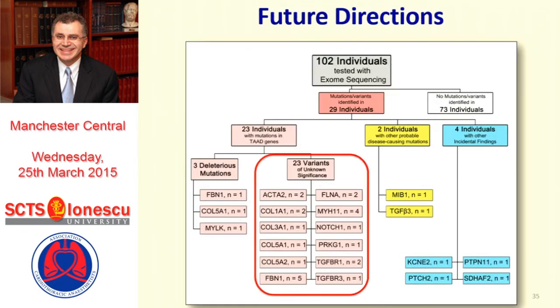In particular, I'd like to show you this group who have variants on an aneurysm-causing gene that haven't been previously identified. So out of just over 100 patients, we identified 21 who had new variants that hadn't been previously identified on genes that are known to cause disease. So I think this is very exciting.